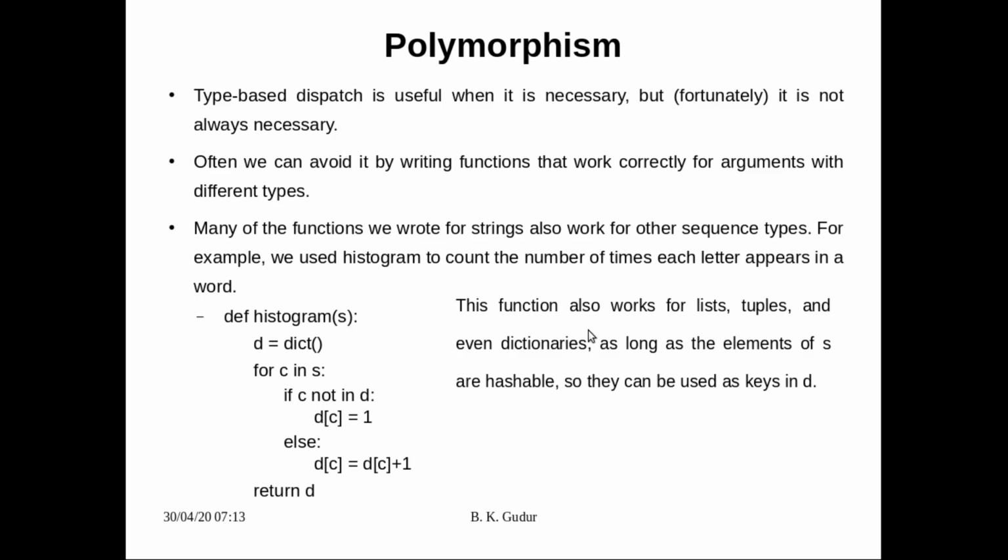This function also works for lists. Not only for a string, it even works for lists, tuples and even dictionaries, as long as the elements are hashable, means they can be used as keys in a dictionary.